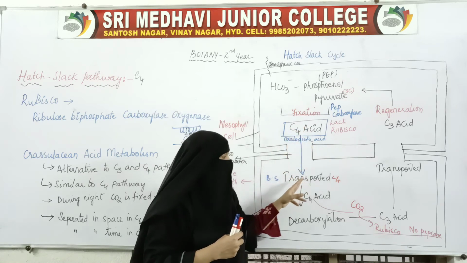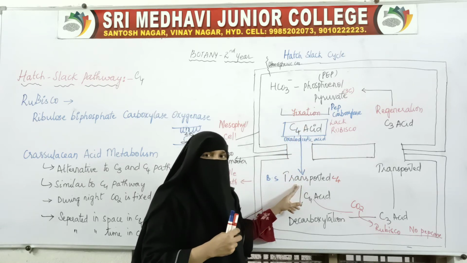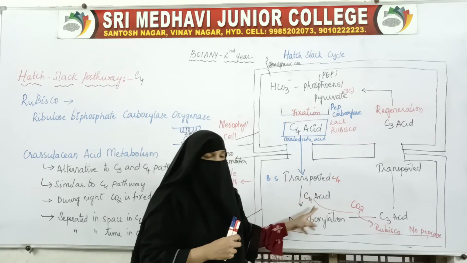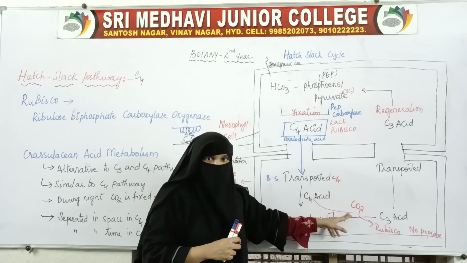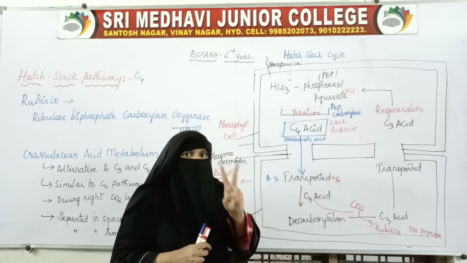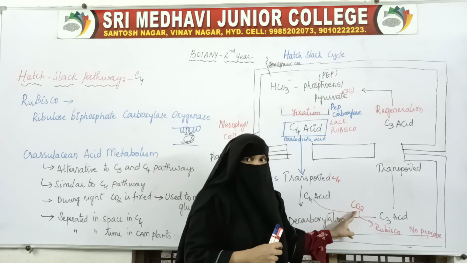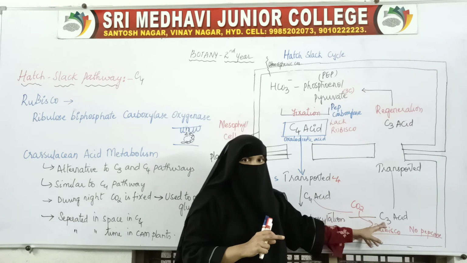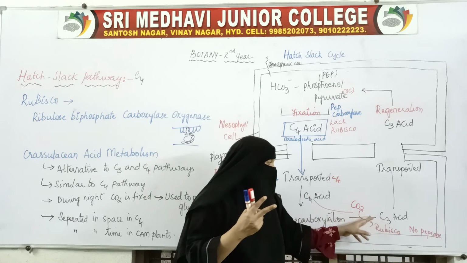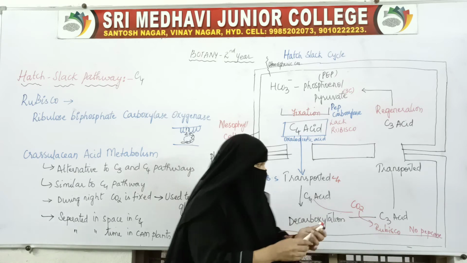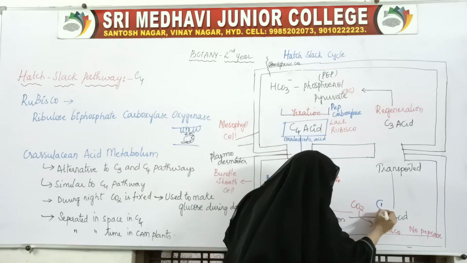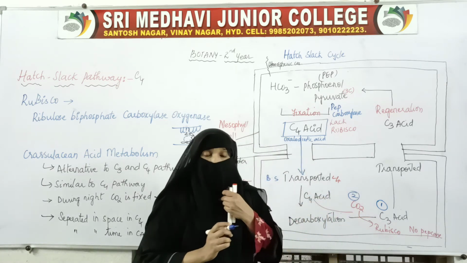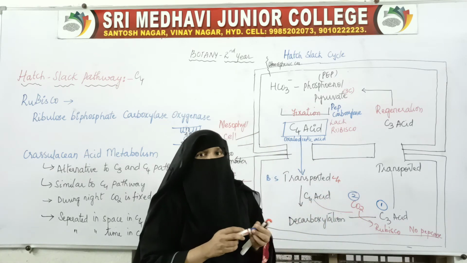The C4 acid was transported to the bundle sheath cells, where a carbon dioxide is released from it. So in the bundle sheath cell we have 2 things: first, a C3 acid, and second, carbon dioxide.